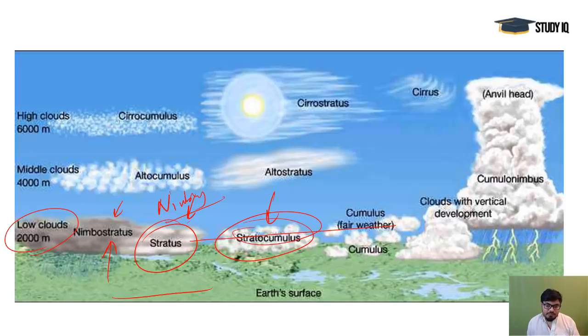If they are darker, like dark brown, they may bring some rains, but not heavy rains. If they look like cumulus clouds near the ground, then simply they will be called cumulus clouds. Always they will have a flat base, and their extension would be towards the sky. You can see it in the picture here.